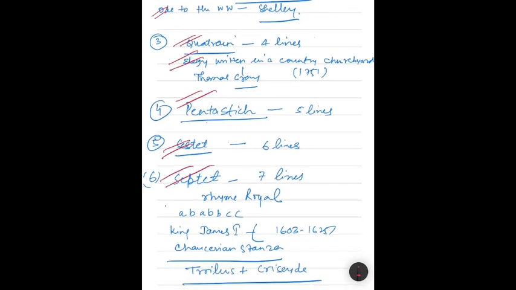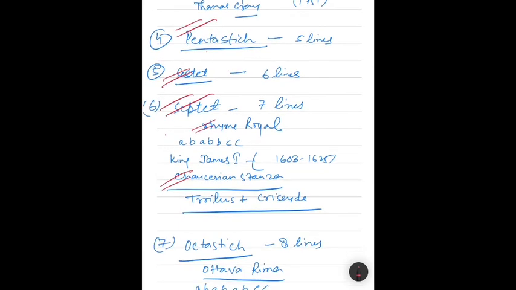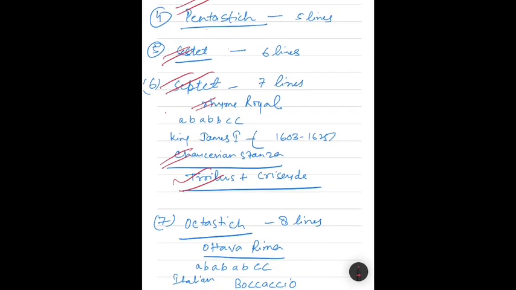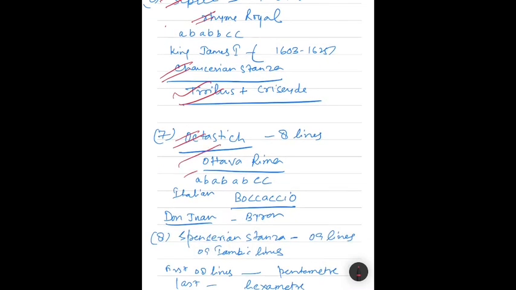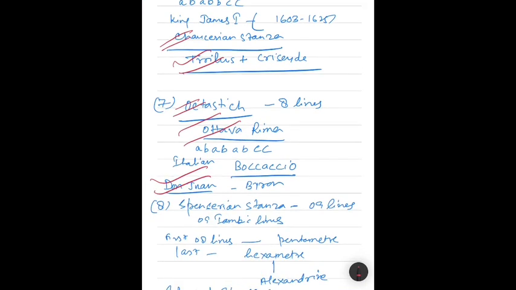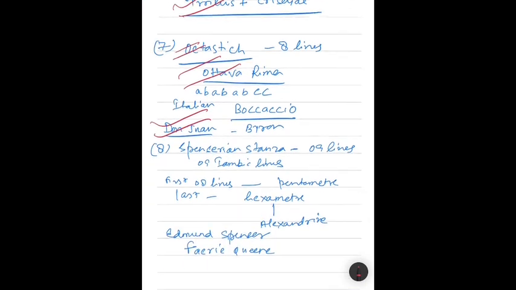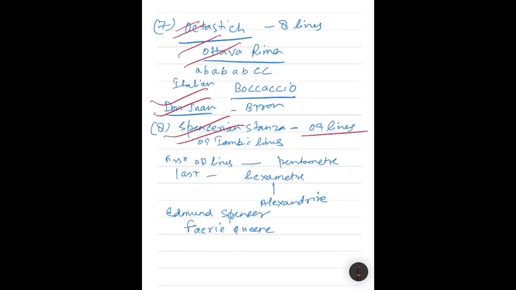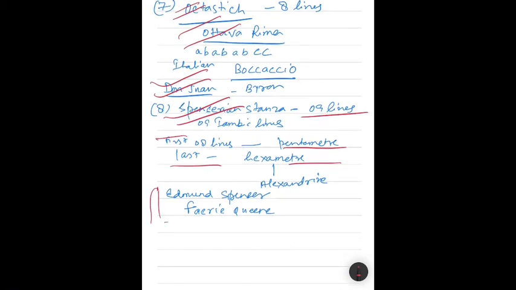Septet is a stanza of 7 lines. We have the example of the rhyme royal, and Chaucer used this pattern of rhyme royal in his poem Troilus and Criseyde. And then Octastich is a stanza of 8 lines. It's Ottava Rima actually, and Byron used it in his Don Juan. And the last is a Spenserian stanza, 9 lines. First 8 lines are pentameter, last is hexameter, and Edmund Spenser used it in his Faerie Queene.